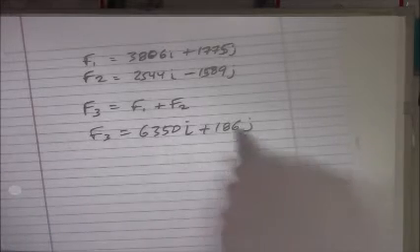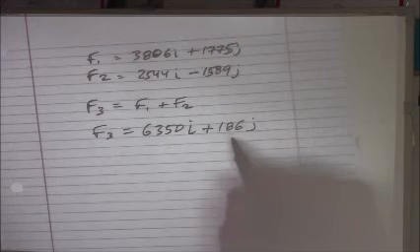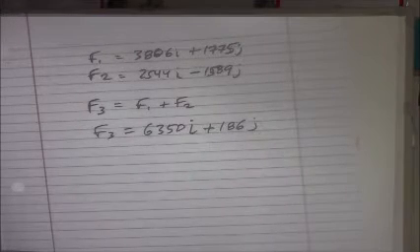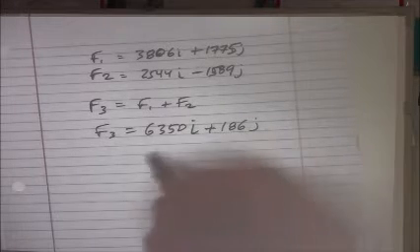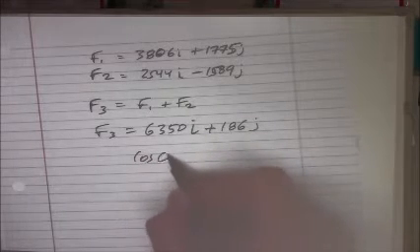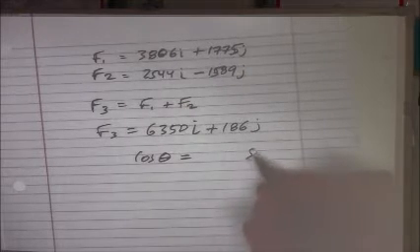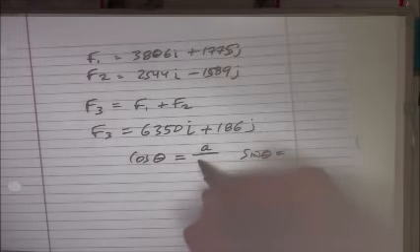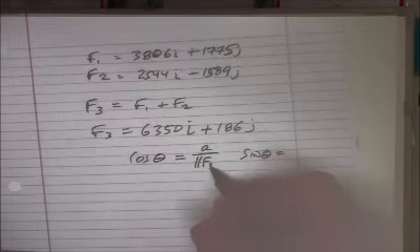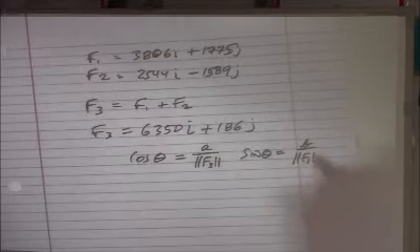Okay, now that we have this, what we need is the angle for it. So we need cosine of theta. Here's what we're going to do: a over the force, b over the force.